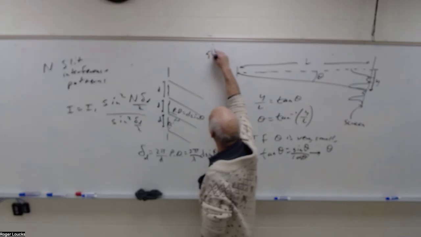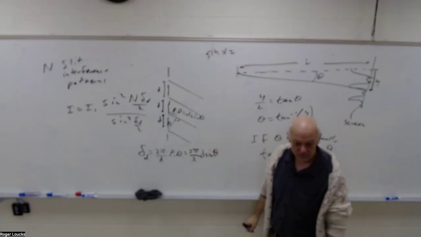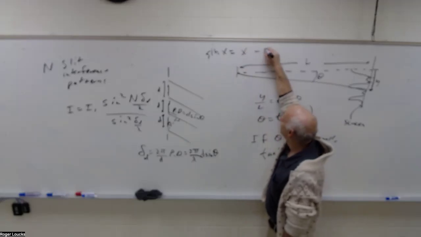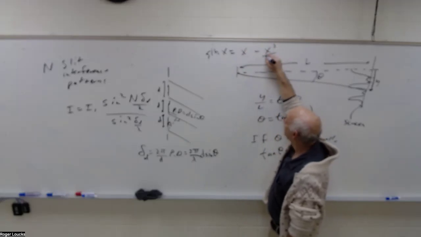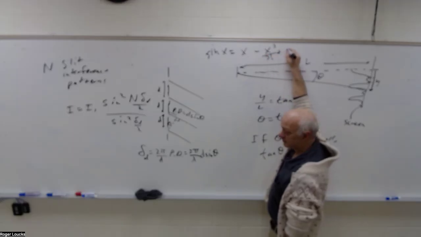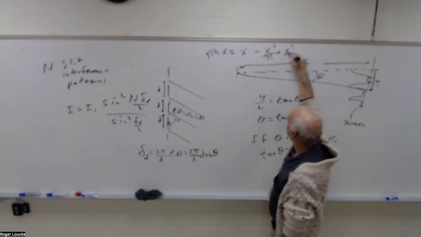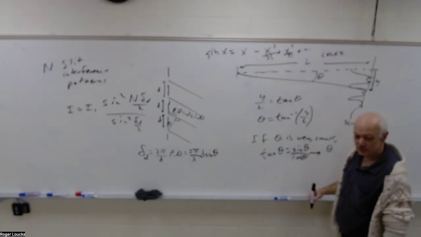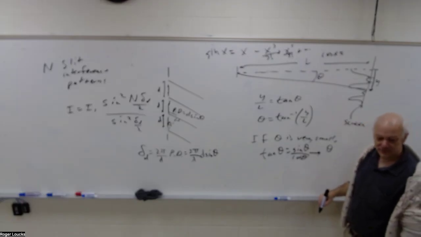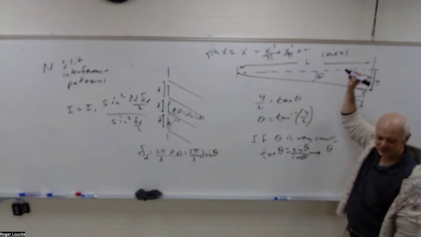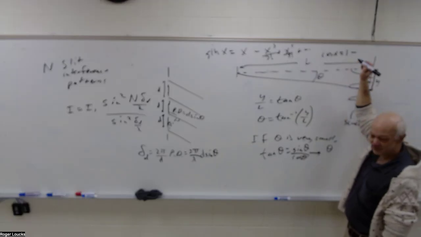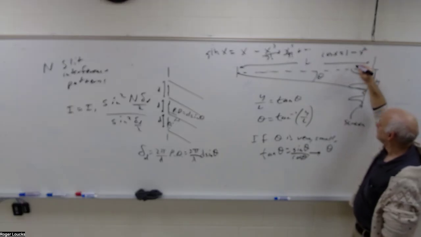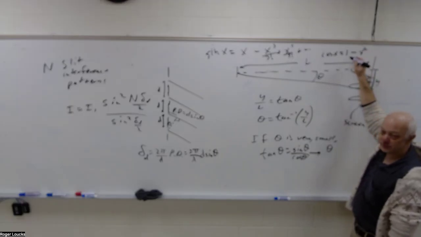Give me the first three terms: x, minus x cubed over 3 factorial, plus x to the 5th over 5 factorial. What about cosine? It's 1, plus x squared over 2 factorial. It turns out they're different.